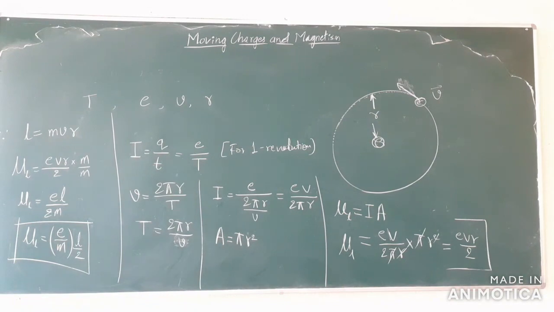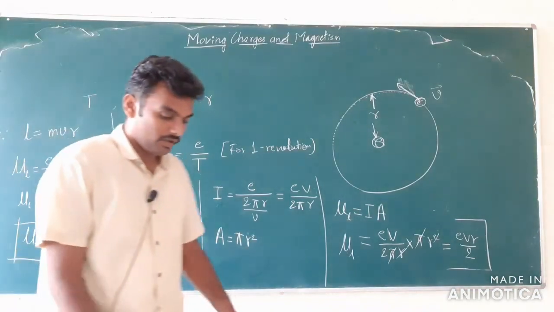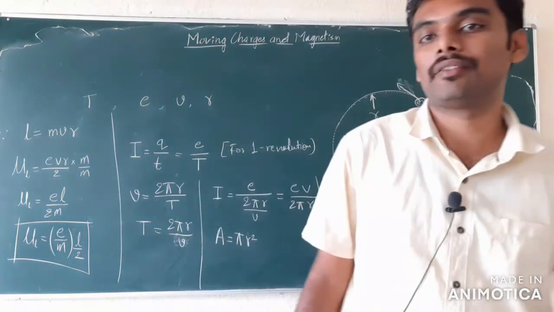After introducing L by multiplying and dividing by m, the final expression that we arrived at is mu L is equal to e by m into L by 2. This is the final expression and the end of the derivation. Thank you.